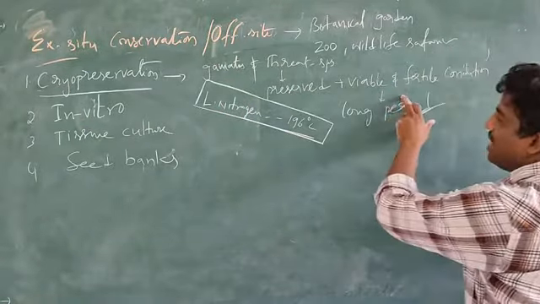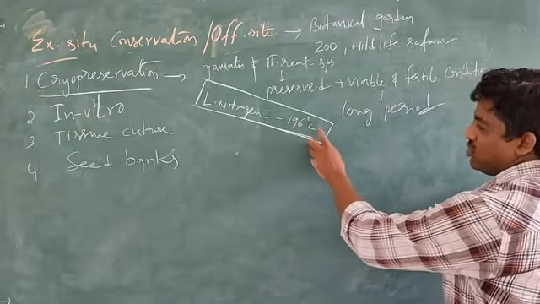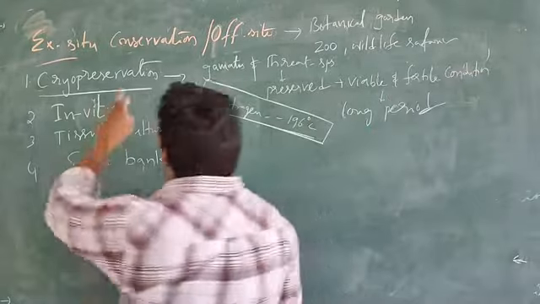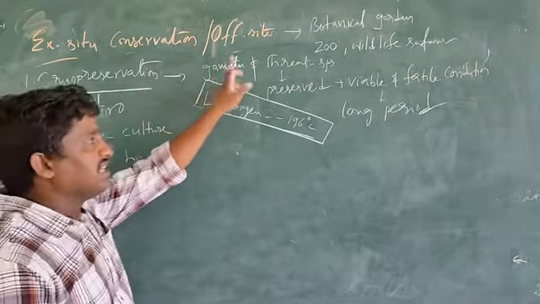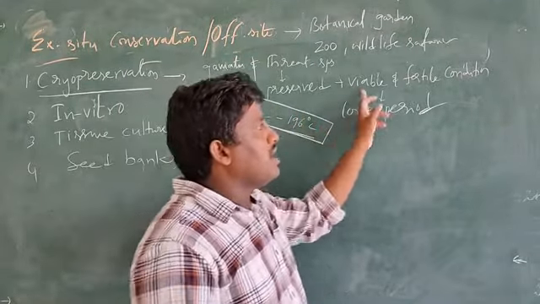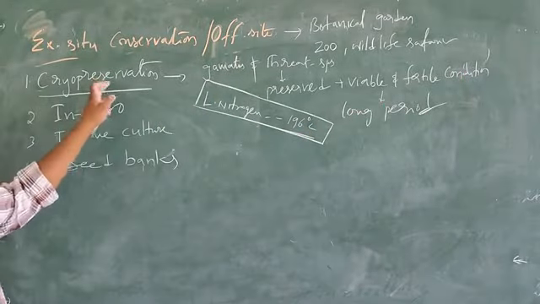That's what we call cryopreservation. Once again, cryopreservation means gametes and threatened species are preserved in viable and fertile condition for a long period.